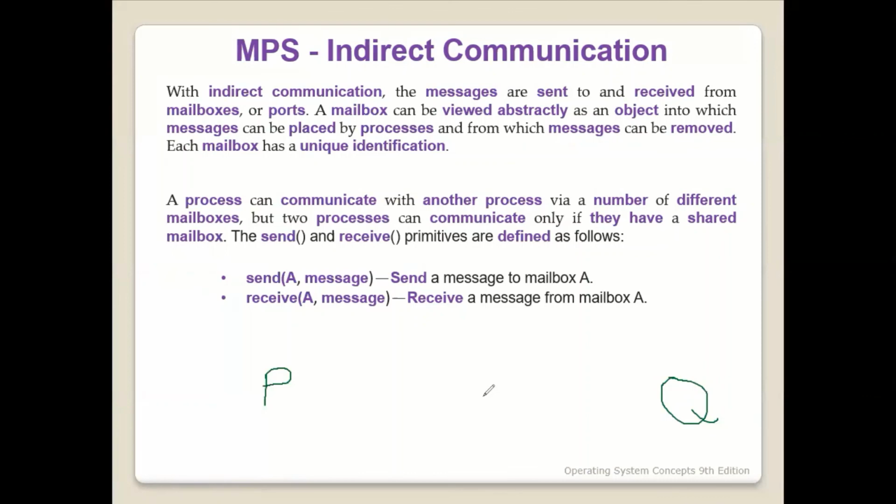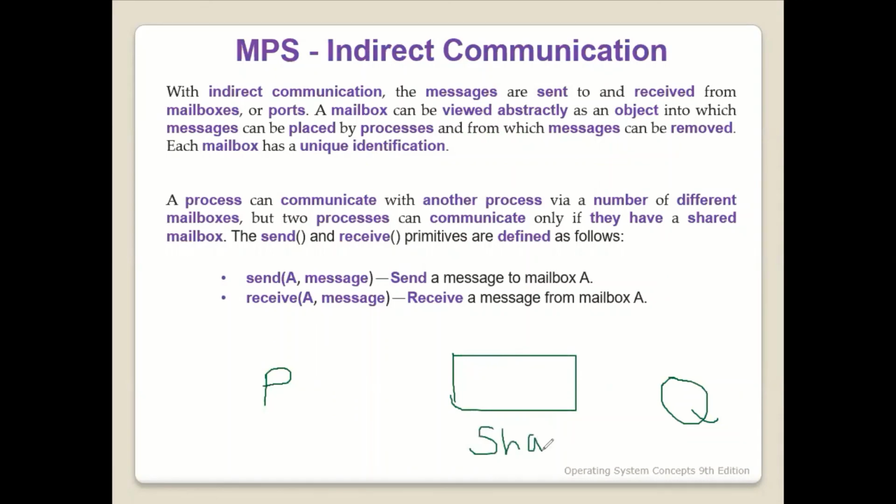I may have multiple mailboxes: mailbox A, mailbox B, mailbox C. So how is P going to send a message and how is Q going to take it? Is it in mailbox A, mailbox B or mailbox C? That is the confusion.